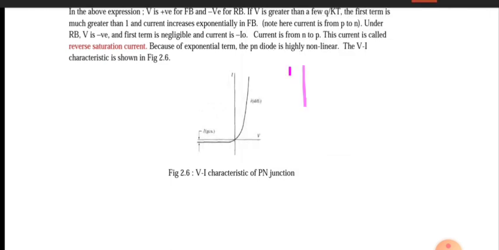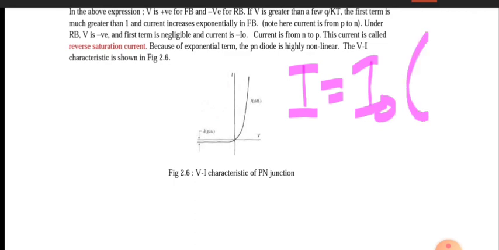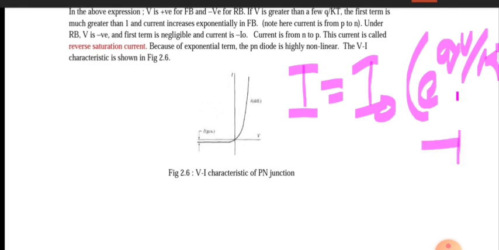We have total current under forward bias I equals I naught into e raised to qV by kT minus 1. V is the externally applied voltage. When this V is positive, what will happen?